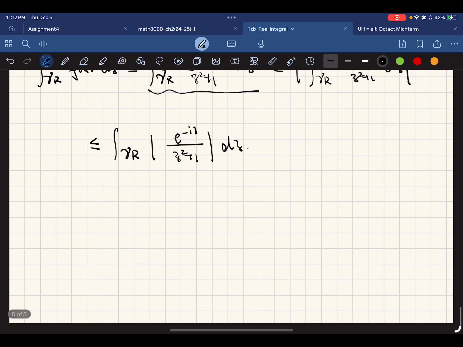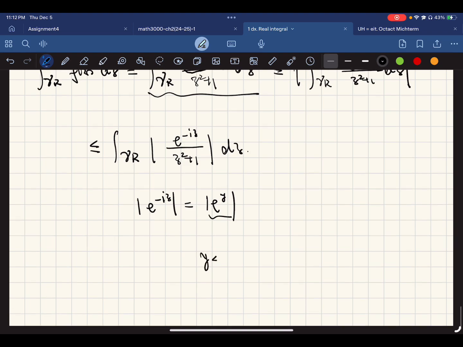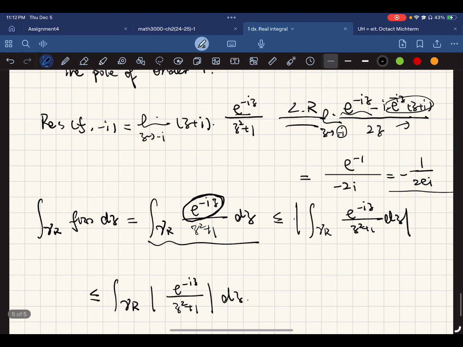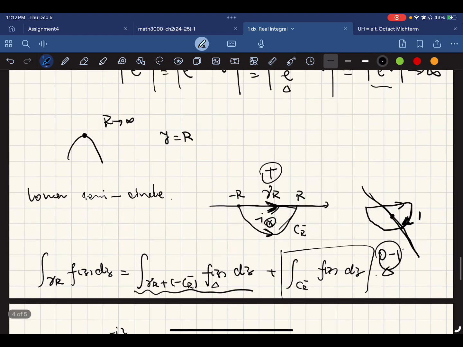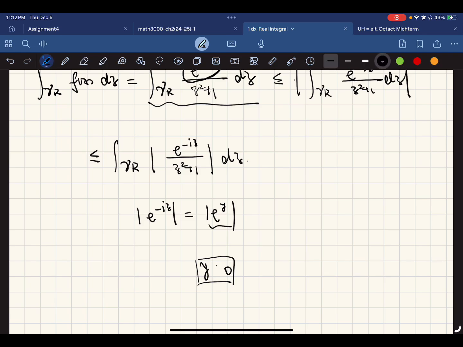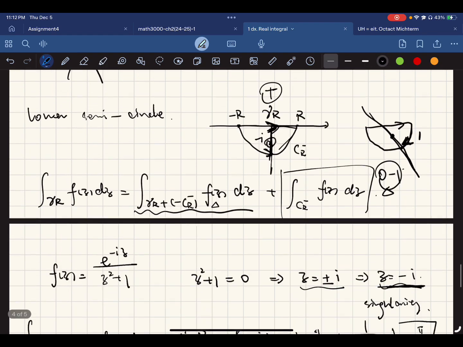Let's first observe the numerator. The modulus of e to the negative iz will equal e to the power y, right? And what is y? y is less than or equal to 0. Why? Because we take the lower semicircle, and y belongs to this part.